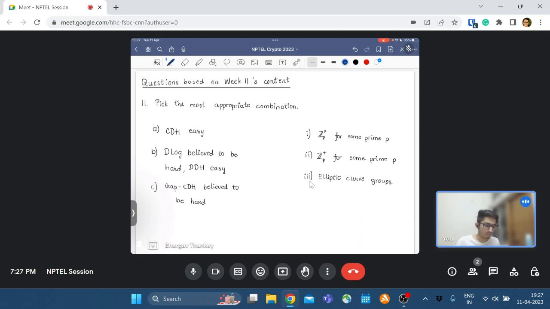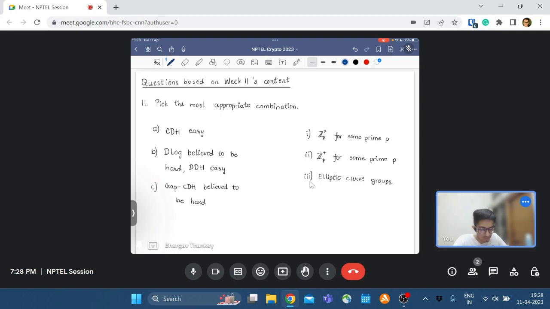On the right hand side, we have Z cross P for some prime P, Z plus P for some prime P, and elliptic curve groups. So now let's pick the correct combination for all of these.